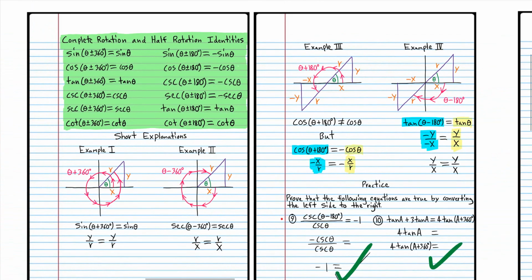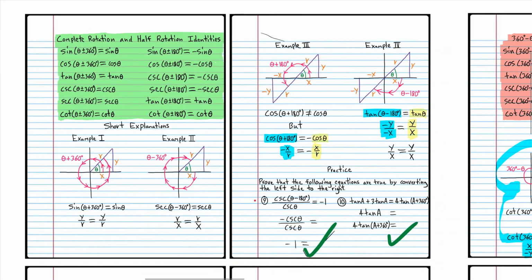So if you can understand these explanations on some level with some example theta value, whether it be acute, obtuse, or reflex, then you don't have to remember these formulas.